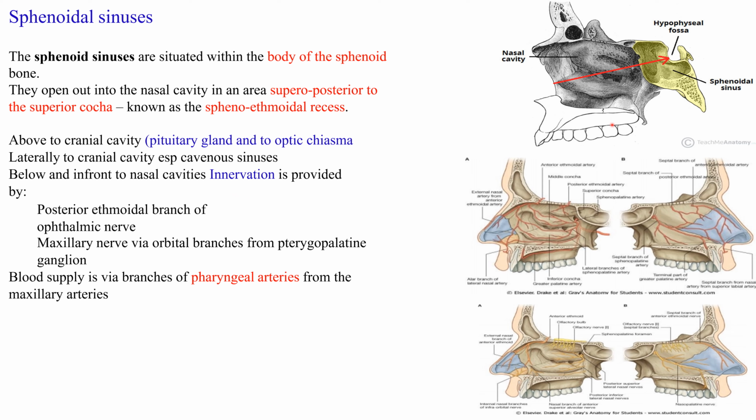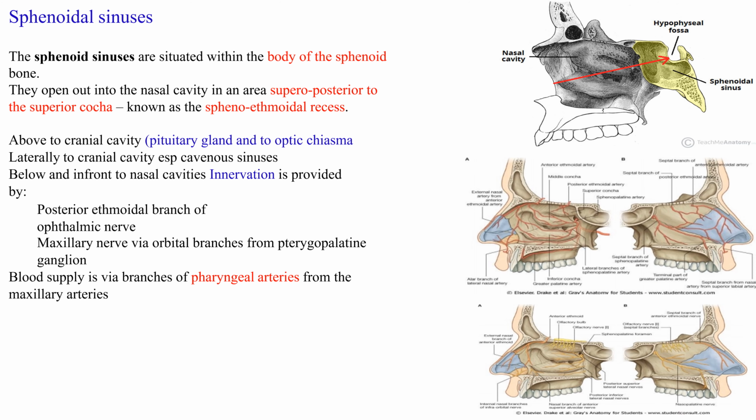The innervation is the posterior ethmoidal branch of the ophthalmic nerve and the maxillary nerve via the orbital branch from the pterygopalatine ganglion. The blood supply is the pharyngeal artery from the maxillary artery, because it is very close to the pharynx, as you see here.